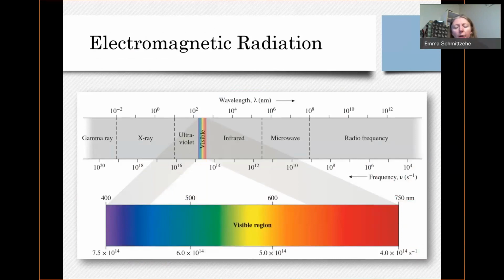And so this diagram actually gives you a little bit of the information about wavelength and frequency of different types of electromagnetic radiation. You don't have to memorize that information, but it's just showing you that whether you're talking about gamma rays, X-rays, ultraviolet, visible, and so on, you're in a different wavelength region, or you're in a different frequency region of the electromagnetic radiation scale.